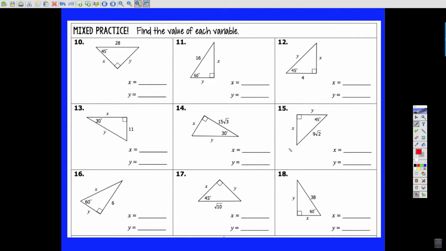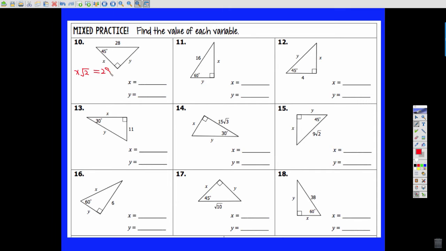Here are some mixed practices, so let's do a few together. I have a 45, 45, 90 special right triangle. Therefore, remember my hypotenuse should be root 2 times my leg, x.